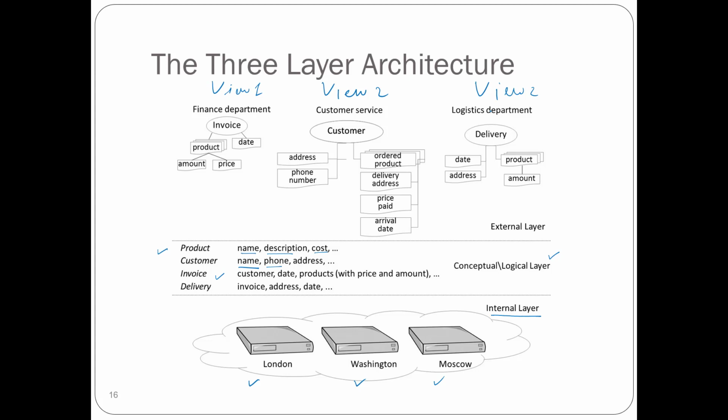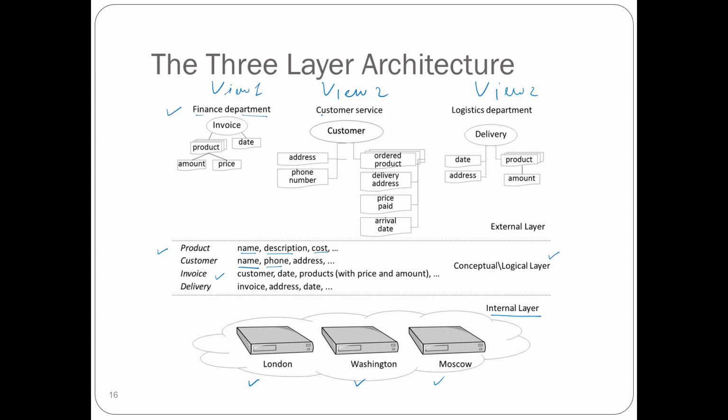We do not make the data available to everybody. We authorize the data, or we give only that part of the data to a user which is required for the user, right? So let me use this example here. The first view that we have is defined for the finance department.